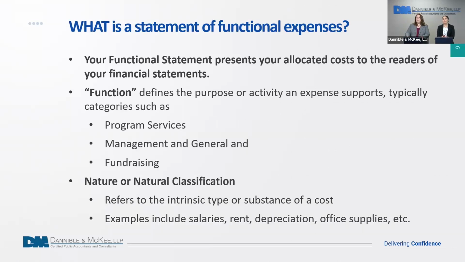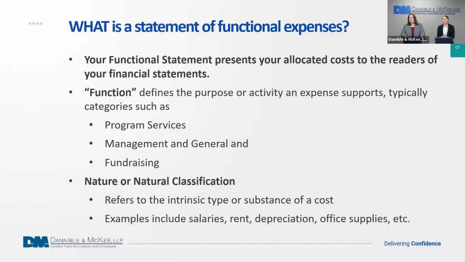So what is a statement of functional expenses? Okay, so your functional statement represents your allocated cost to the readers of the financial statements. Function defines the purpose of an activity, and expense supports are typically categorized such as program services.